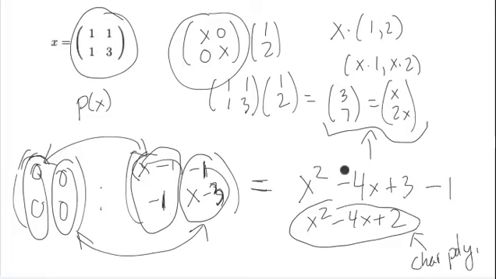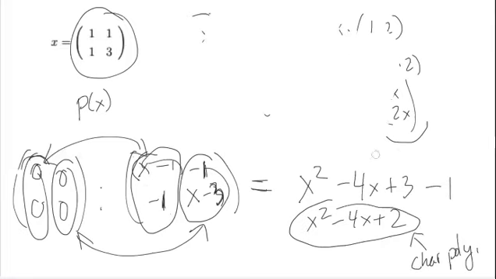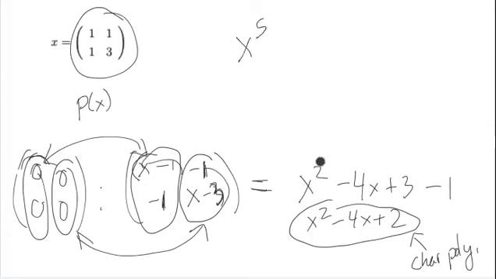How can you use this now to raise a matrix to a high power? Well, let's think for a minute. What we're going to do is think about x to the 5th. That's really what we're after, because we're after the matrix to the 5th power. But every time you have a clump of x squared minus 4x plus 2, that's equal to 0. Now, when you do polynomial division, x to the 5th is equal to x squared minus 4x plus 2 times something plus a remainder.